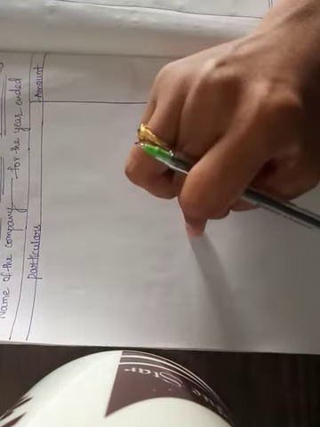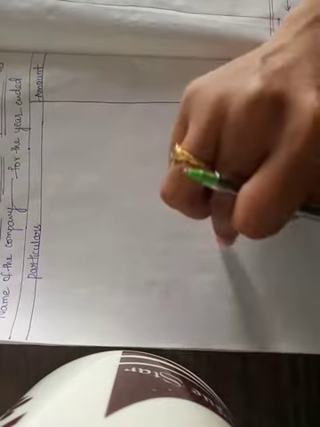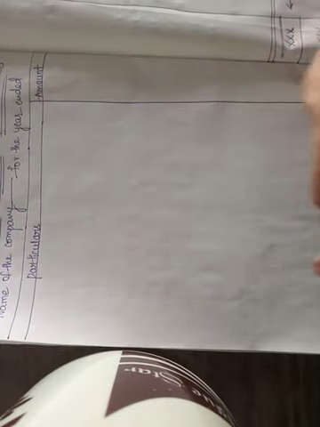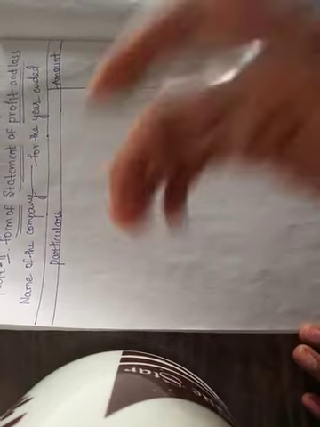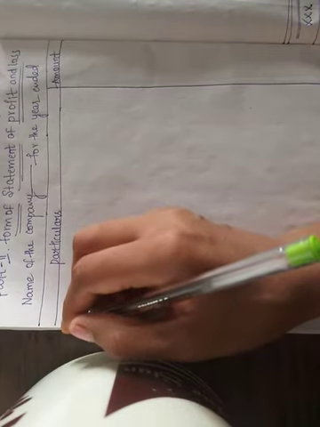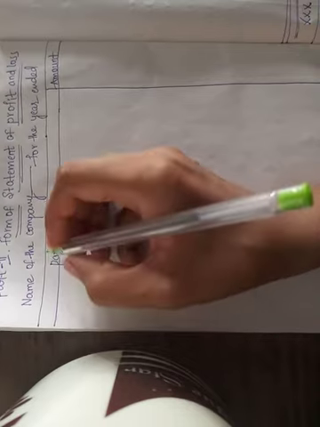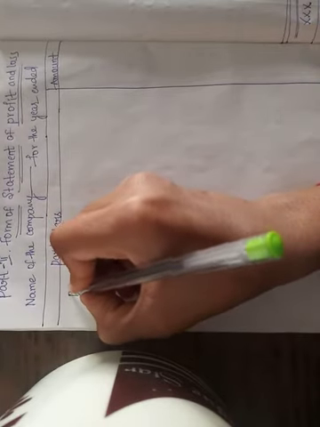After this we take the expenditures and the losses. Then we get this profit. First is revenue from operations.